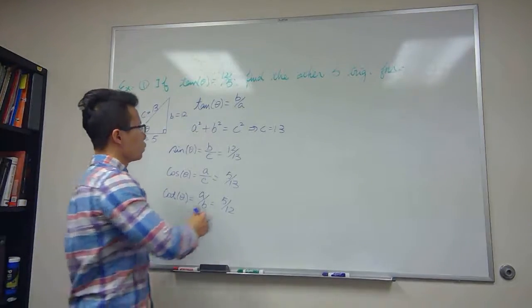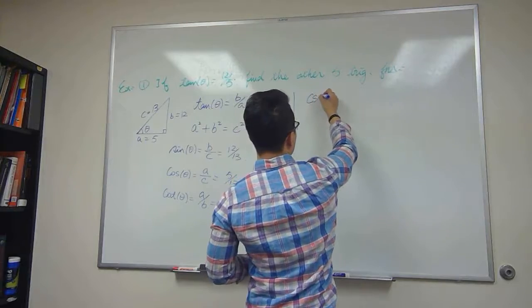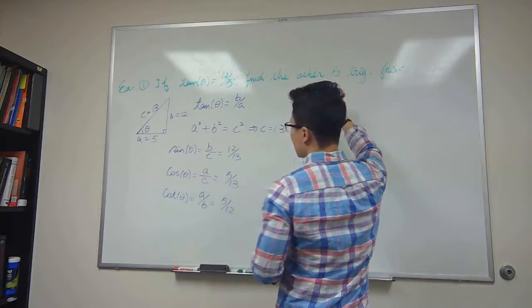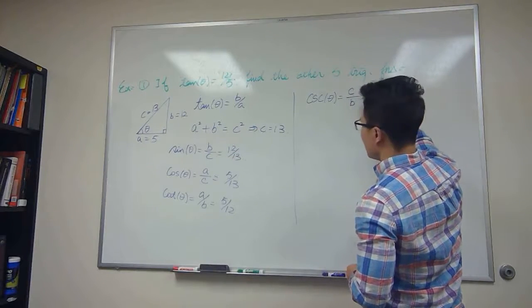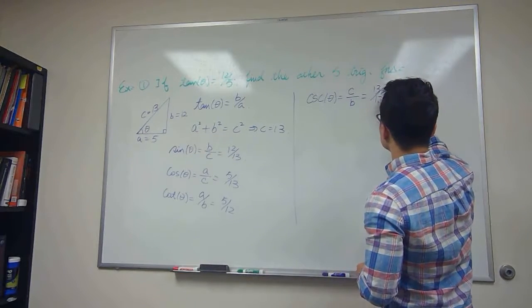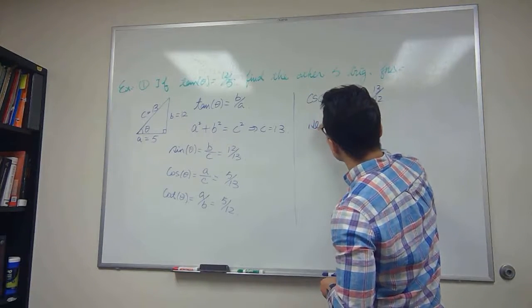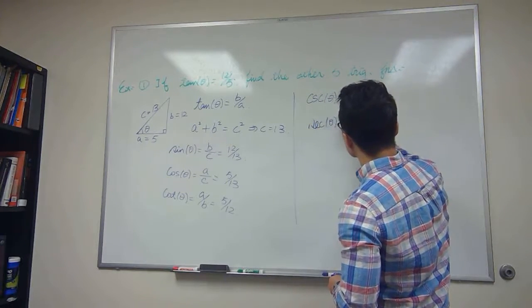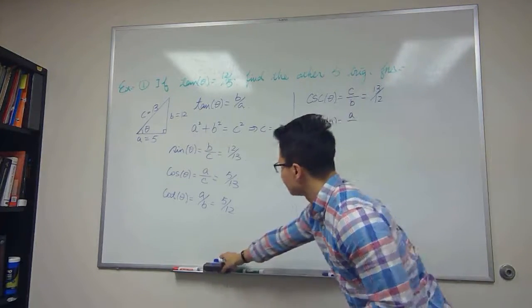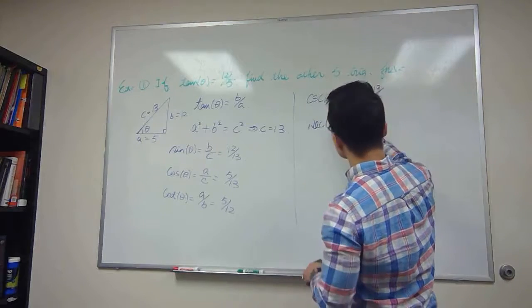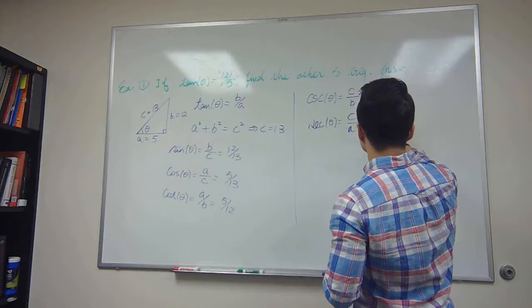Then we have cosecant theta, which equals C over B, that is 13 over 12. Lastly, we have secant theta, which equals C over A, and that is 13 over 5.